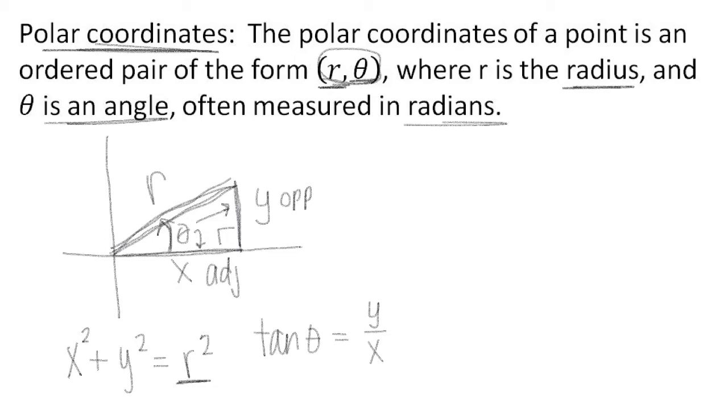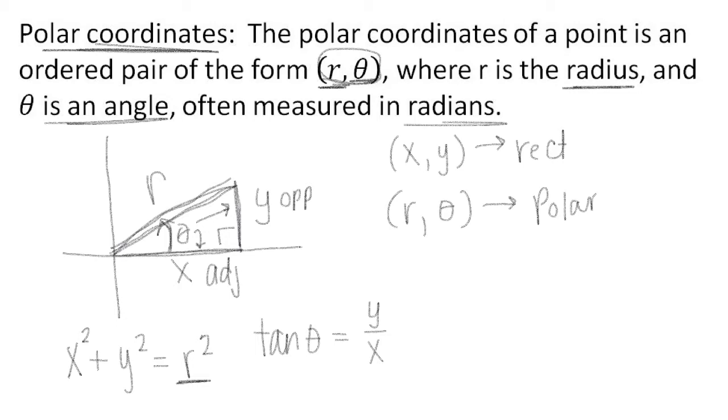Notice x and y, those are your rectangular coordinates. That's what you're used to working with. Whereas if you talk about a distance or radius r and the angle at which that radius is, that's going to be your polar.